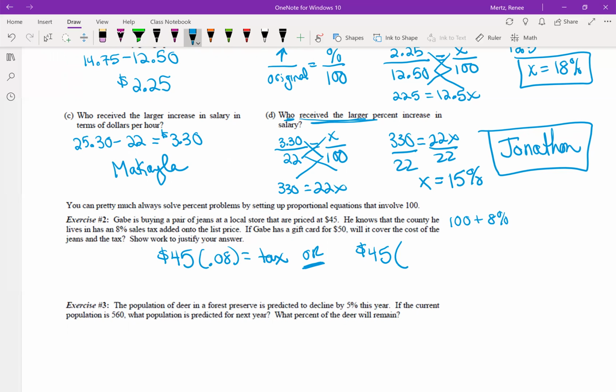So this equals 108%, as a decimal, 1.08. This is what I like to do when I'm at a store. If I want to know what my total is going to be, I multiply it by 1.08. If we did 45 times 0.08, the tax would be $3.60. If we do it this way, it will give us the total cost. It will be $48.60.